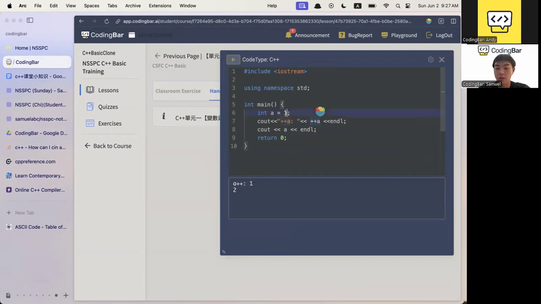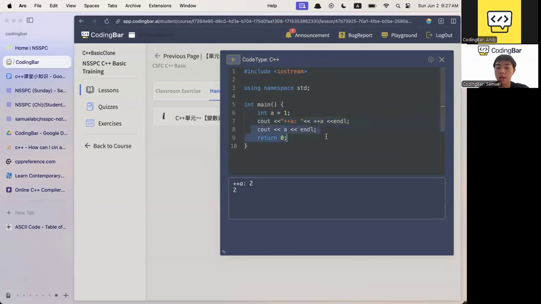So here, a initially is 1, right? So we let a equal a plus 1. Now a is 2, and then we are returning this 2 back to the cout function. So what will be output over this line should be 2. Yes, so it is 2.